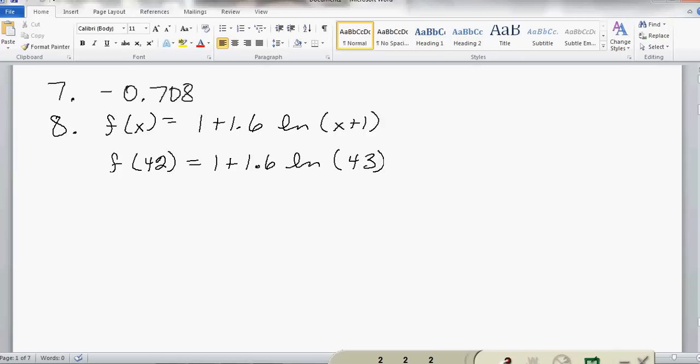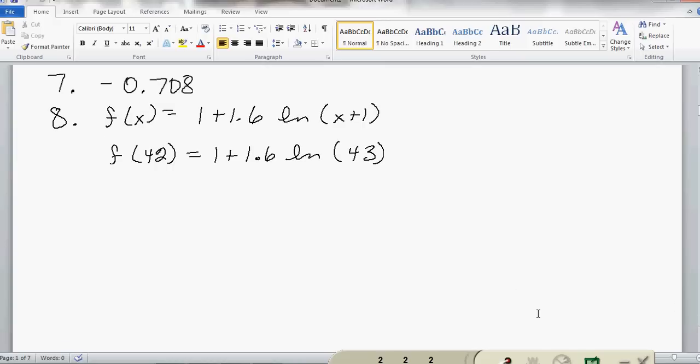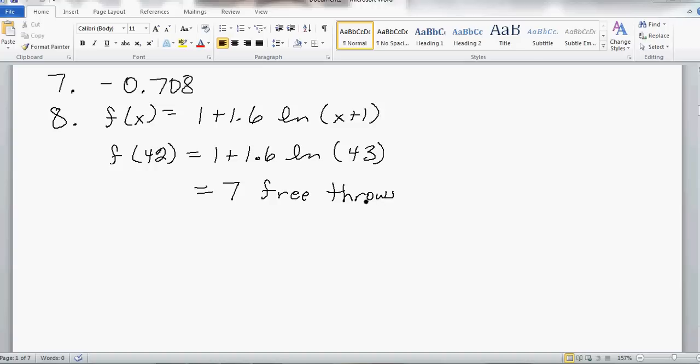I apologize for this. But once we find this, the answer would be 7.02, or in other words, 7 free throws, rounding it to the common sense rounding.